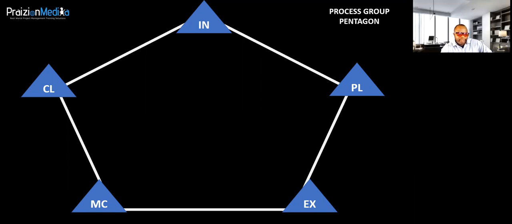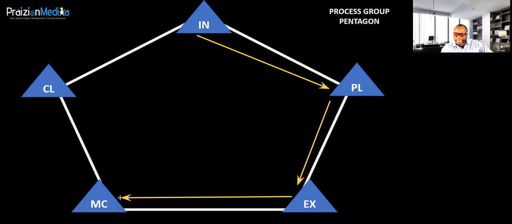So as you take a look at your piece of paper where you have all of this, I would like you to tell me, how does initiating relate to planning? And then I want you to tell me, how does planning relate to executing? How does executing relate to monitoring and controlling? How does monitoring and controlling relate to closing? And how does closing relate to initiating?